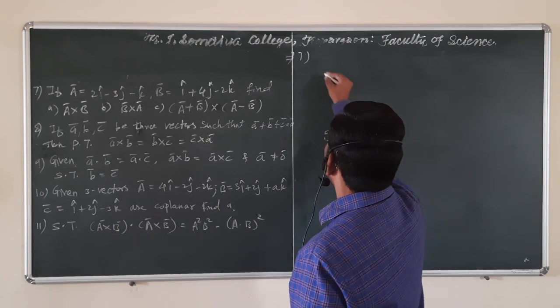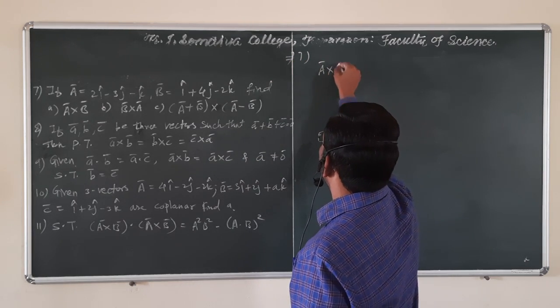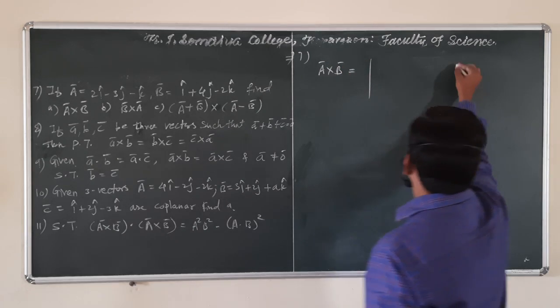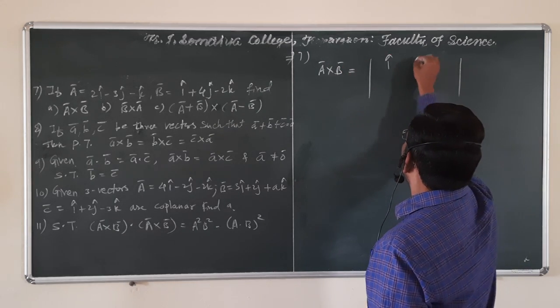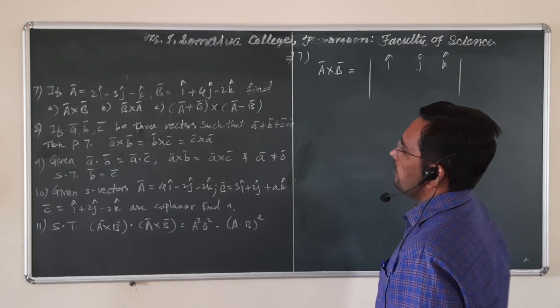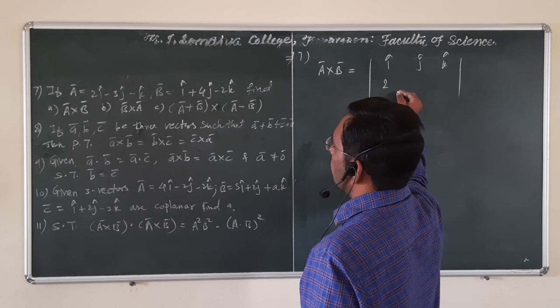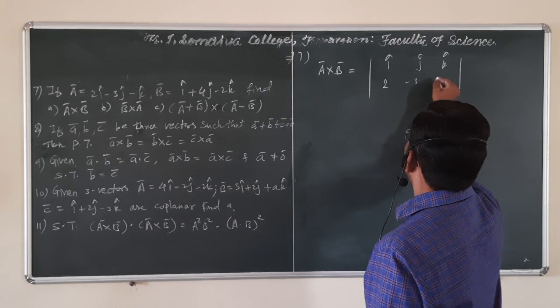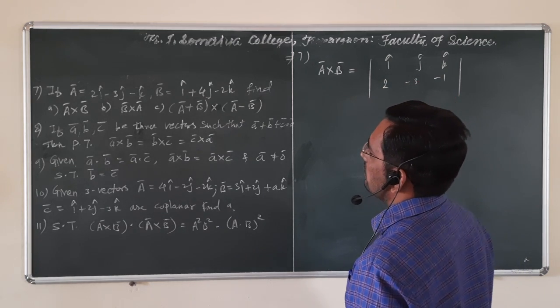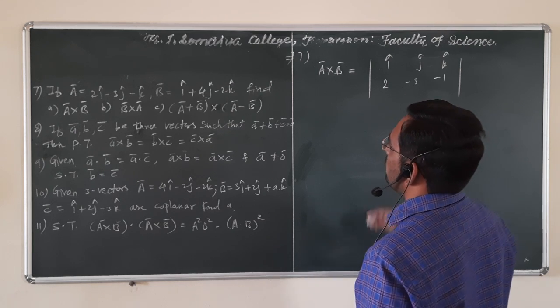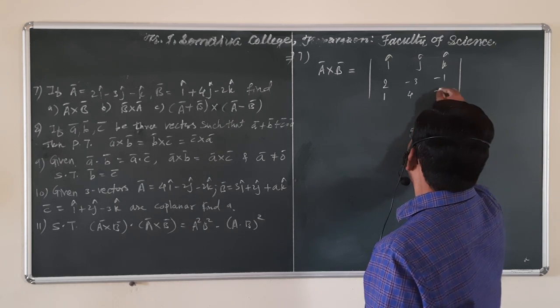So first of all, A cross B is equal to the determinant of i, j, k. The coefficients of vector A are 2, minus 3, minus 1. The coefficients of B are 1, 4, minus 2.